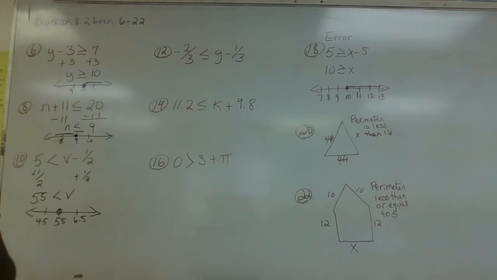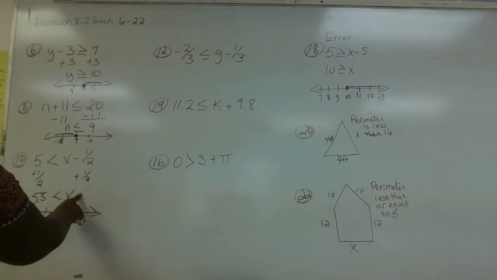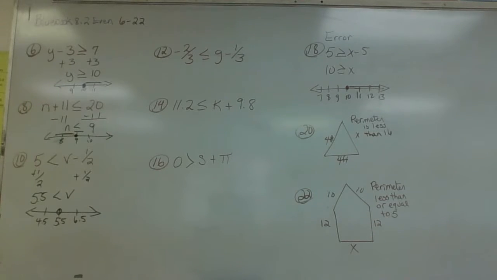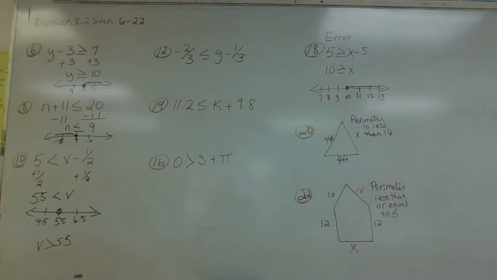Now, we notice here that our variable is on this side, so for our visual effect, it would behoove us to flip this so that the v is here, the greater than symbol is here, and our 5.5 is here. Therefore, when we draw our arrow, we can have a visual confirmation that we are going in the right direction.